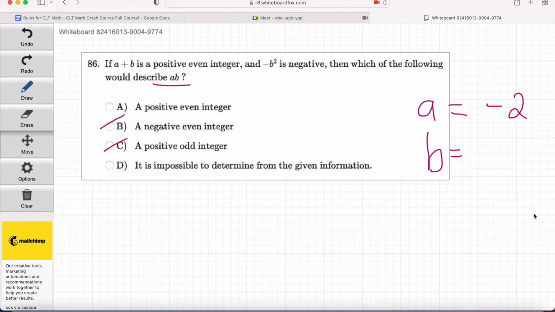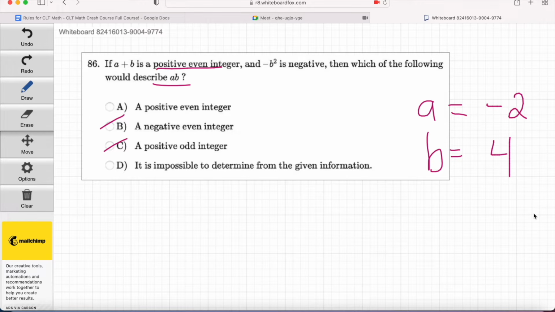Would positive 4 work? That's what I'm thinking. Positive 4, right? Because what's A plus B if A is negative 2 and B is 4? Then A plus B is going to be positive 2, which is a positive even integer.